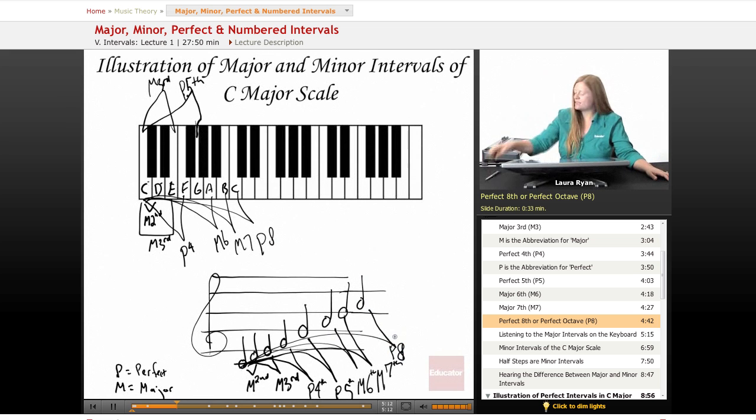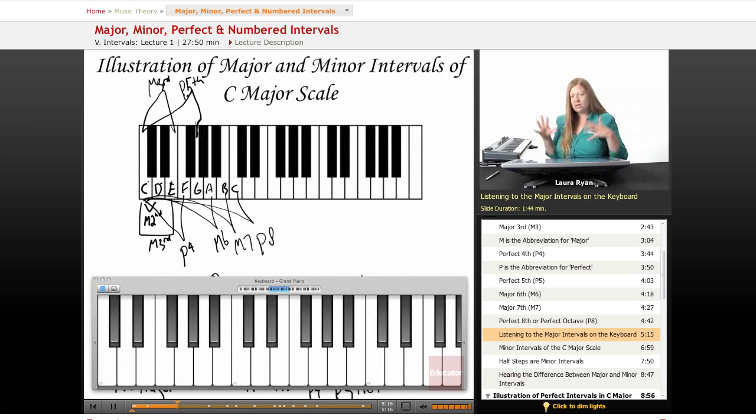Perfect. So let's play these intervals and further explore their qualities. C to D. Major. It's called major because the C major scale encompasses D as part of its diatonic quality. C to D, major second.